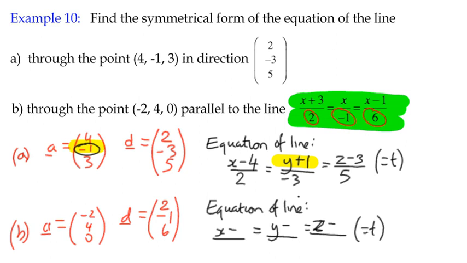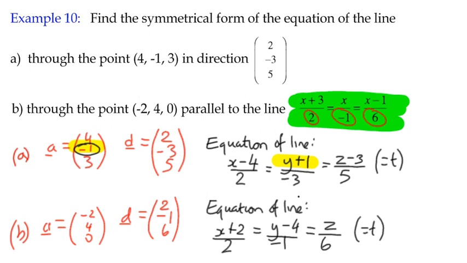So it's x minus negative 2, so that becomes x plus 2, y minus 4, that's the y component of A, and then the z component is 0, so effectively it just becomes z rather than z minus 0. Tidy that up. And the denominator is just the direction vector, 2, negative 1, and 6. That's how to find the equation of a line in symmetric form.